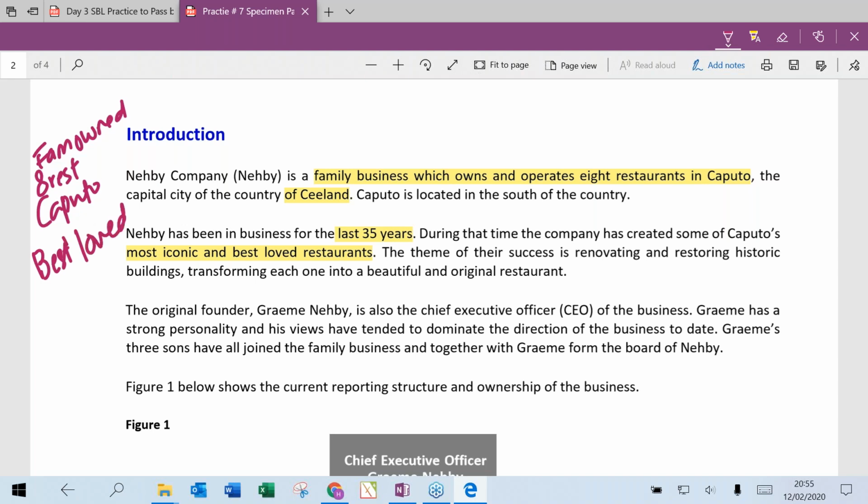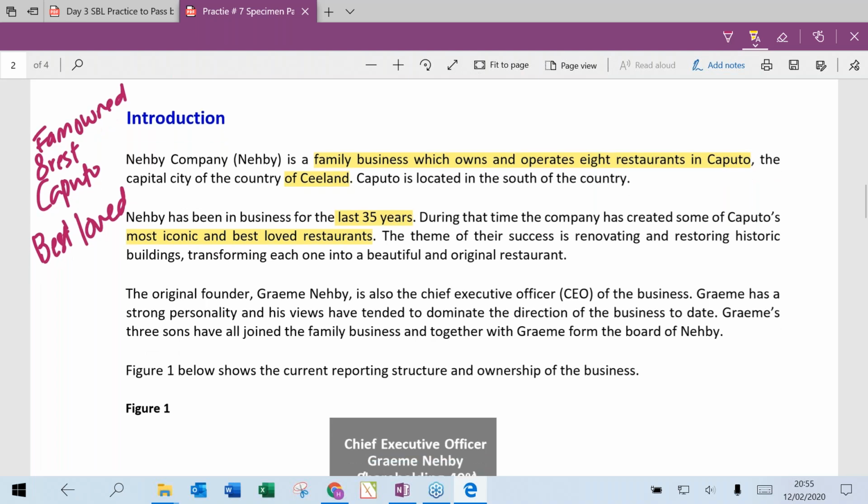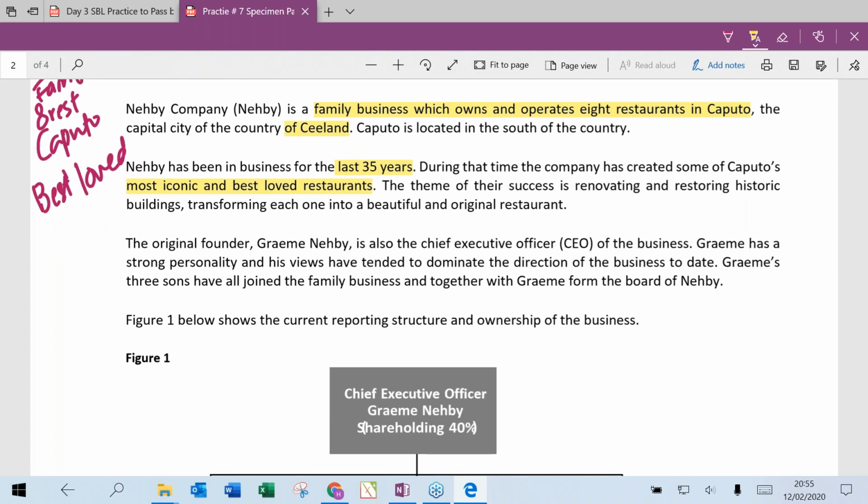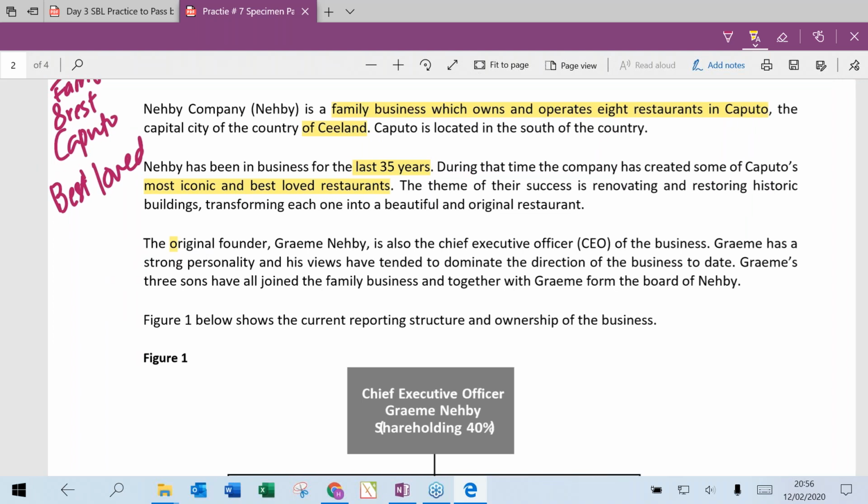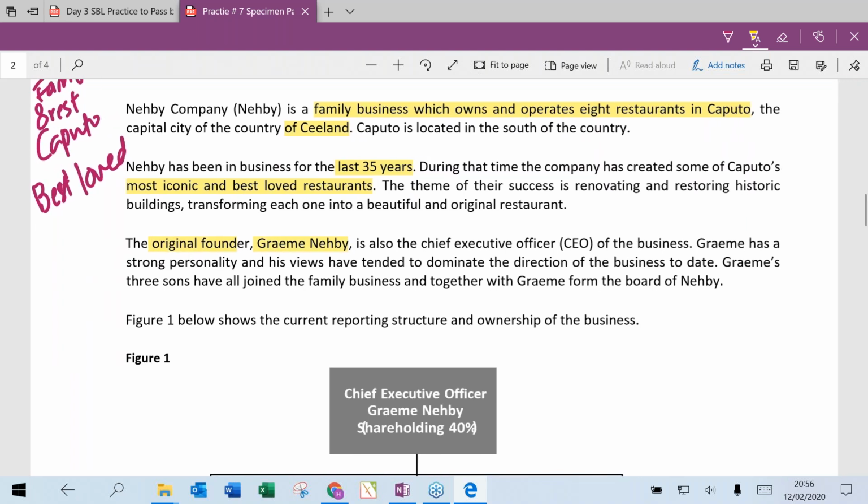Best loved. The original founder, Graham Nabi, is also the chief executive officer of the business. He's the original founder. It's a family business, remember? Graham Nabi is the CEO.